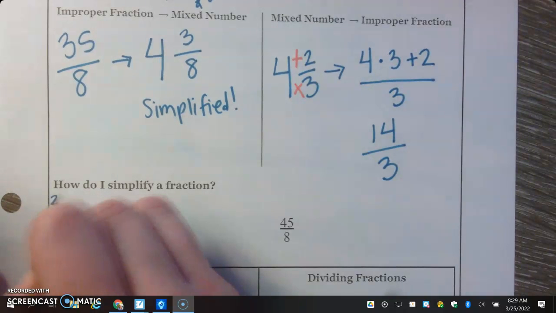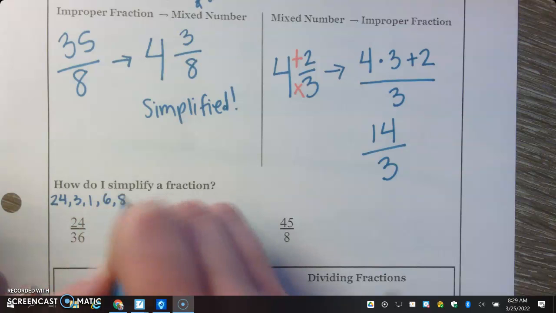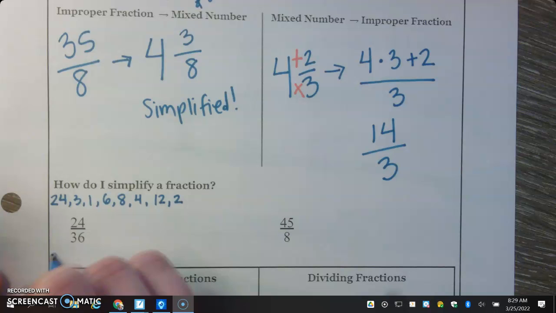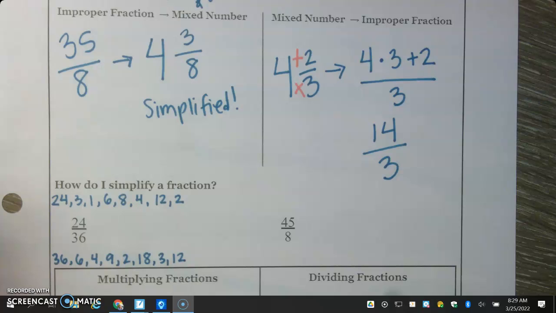The factors of 24 are 1, 2, 3, 4, 6, 8, 12, 24. And the factors of 36 are 1, 2, 3, 4, 6, 9, 12, 18, 36.